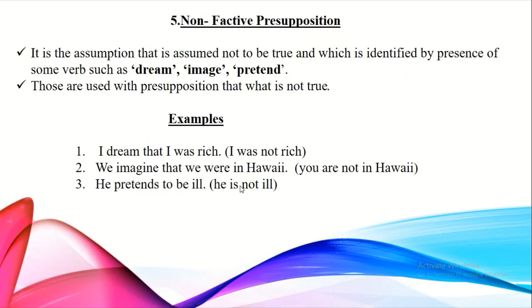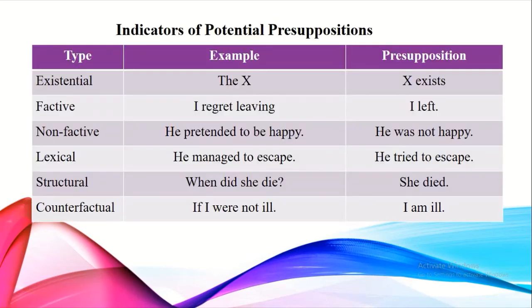Non-factive presupposition. Indicators of potential presuppositions: existential, factive, non-factive, lexical, structural, and counterfactual are all the types of presupposition within the umbrella of potential presupposition. Existential: X exists is the presupposition.